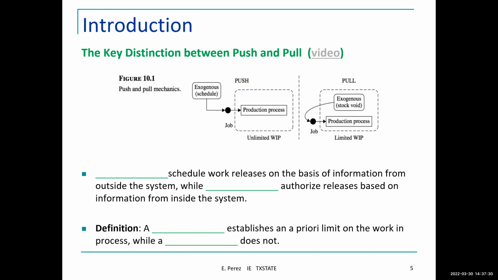Whereas in the pull system, it's not infinite. It's unlimited in the sense that you are not putting a cap or control on the amount of WIP that you will have on the floor. So it would depend on how many units you put into the production system.